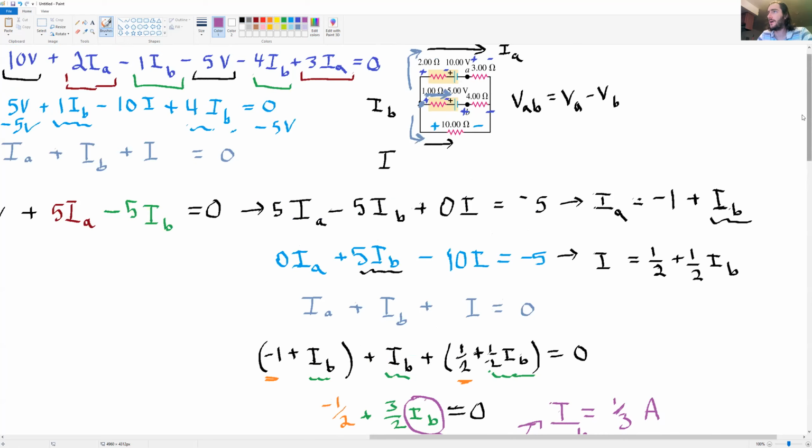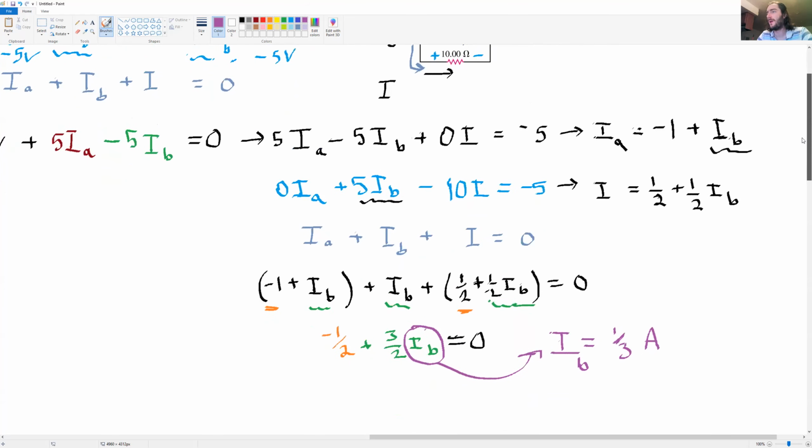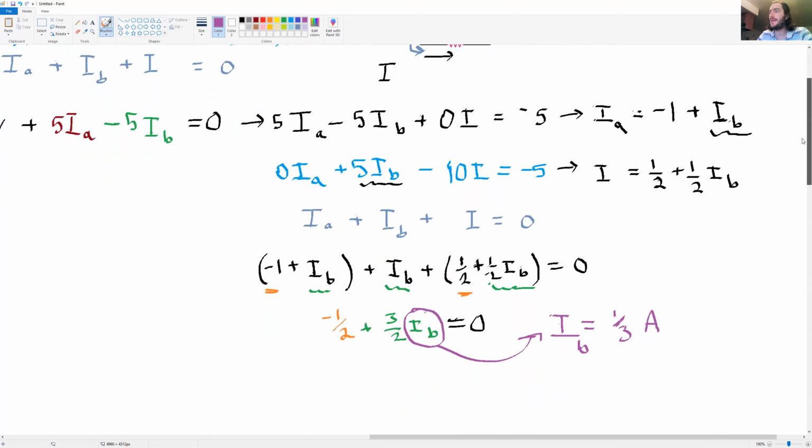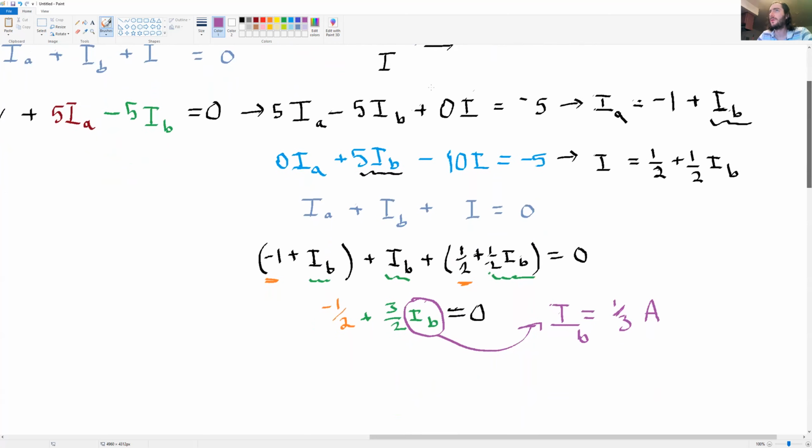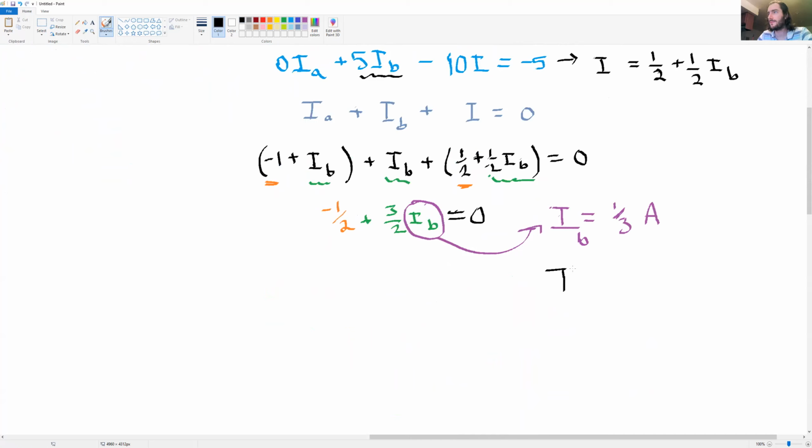So our answer will come out in units of amps. Now that we know IB is 1/3 of an amp, then that means that IA will be given by this top equation. So -1 plus 1/3 is -2/3.